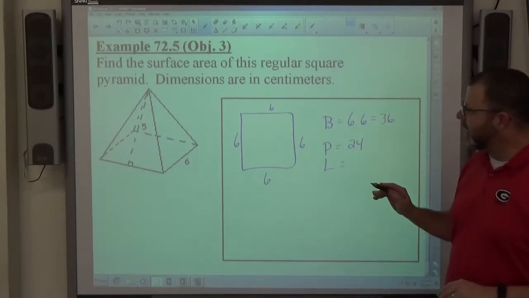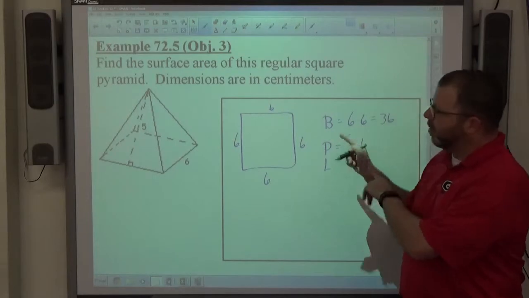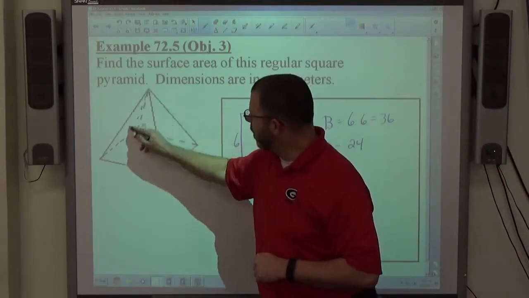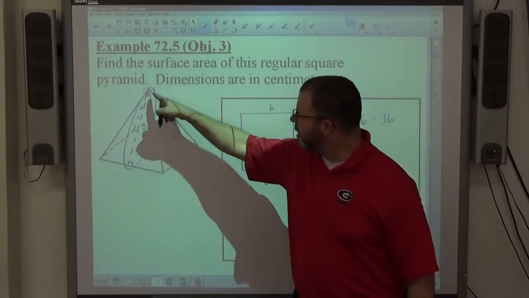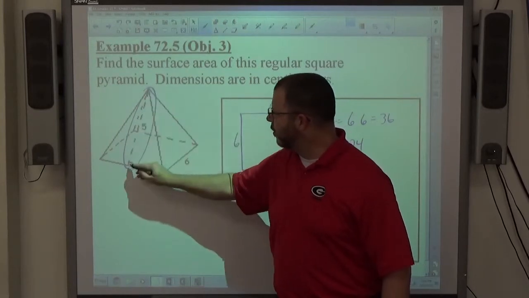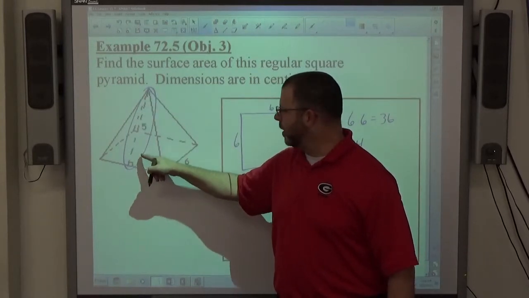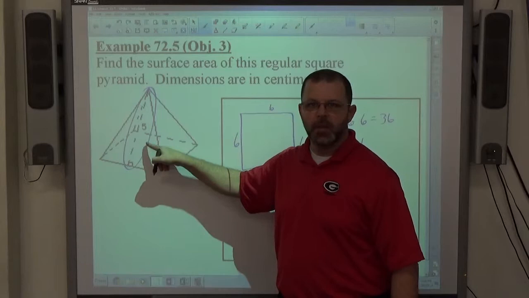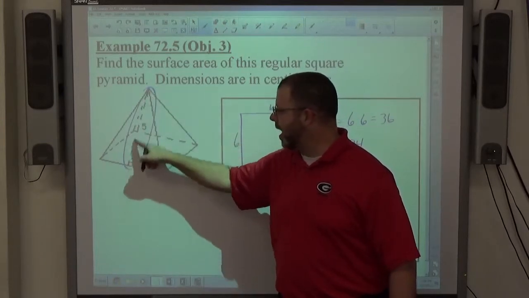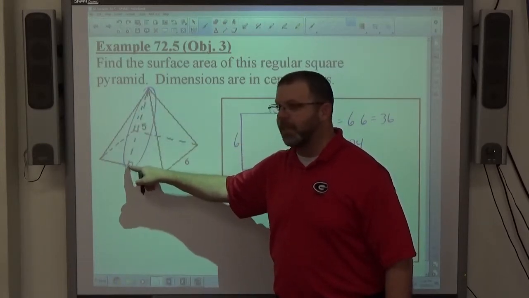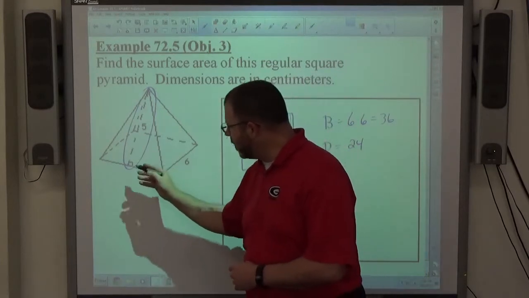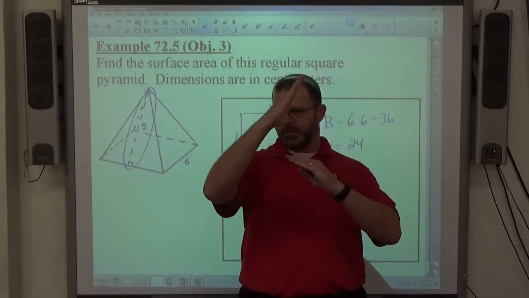And then for slant height, I need to go look at the three-dimensional picture. I'm looking for a distance from the tip to the edge. The perpendicular height goes to the center, right? But the slant height goes from the tip to the edge. It'll be perpendicular there, but it's not perpendicular here. Imagine it's slanting here, right?